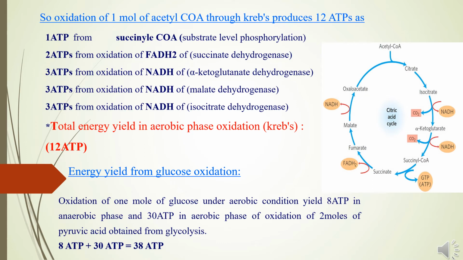So we'll have 8 plus 30, so the total yield would be 38 ATP molecules.